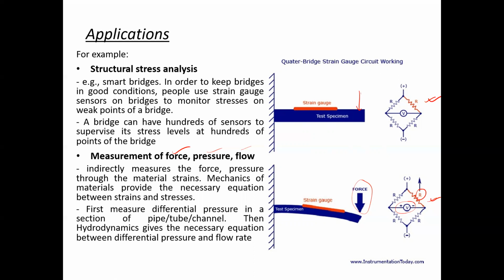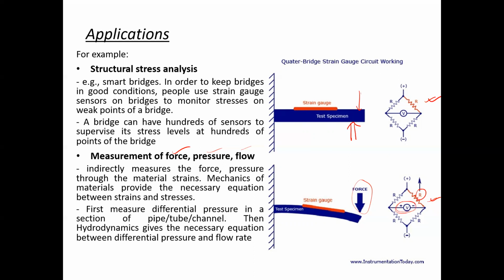In this way, if the force is applied from the other direction, the strain gauge is going to be compressed, and if it is compressed, the resistance is going to decrease. Then the voltage reading obtained previously will now be reversed, or the polarity of the voltage will be reversed.